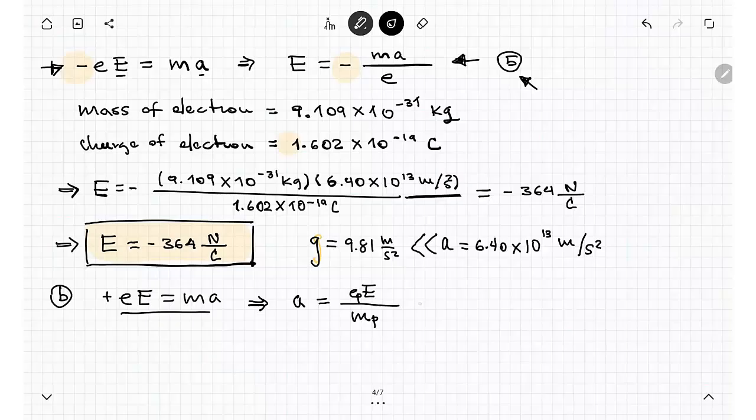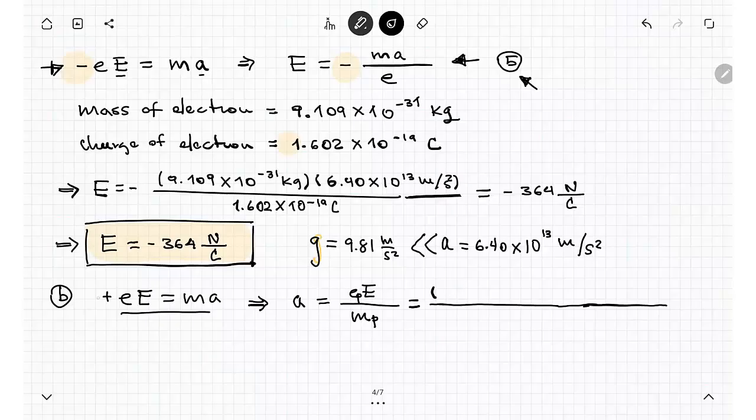In this case, we have the charge of the proton. The charge of the proton is the same as the charge of the electron, but positive, okay?